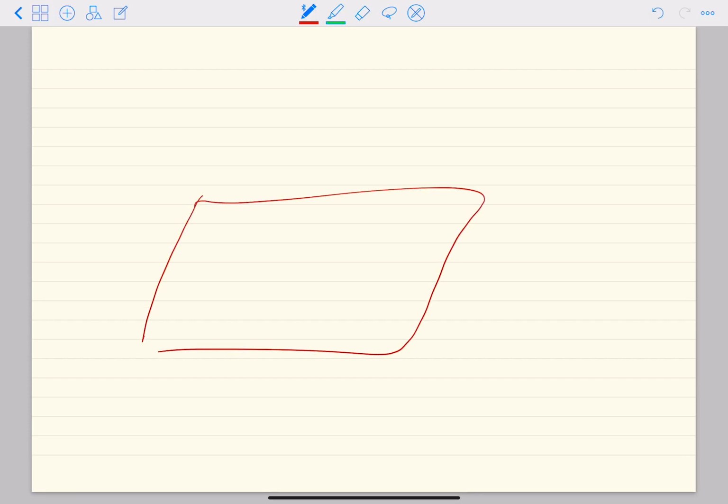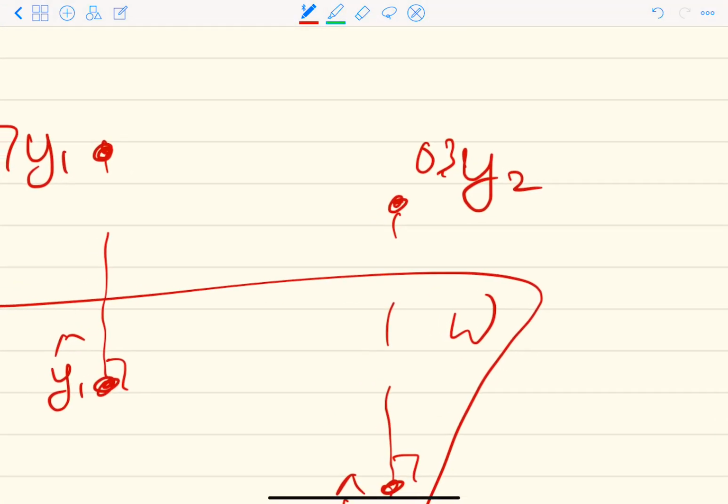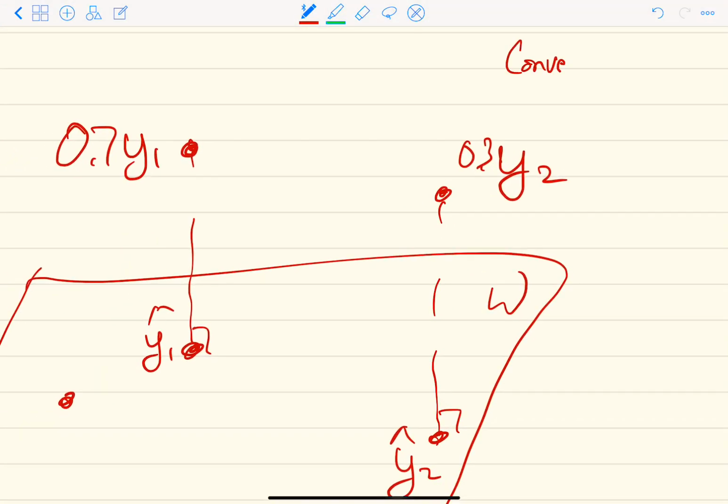So let's consider some subspace W, and some points y1 and y2. This is y1 hat, and this is y2 hat. Let's consider a linear combination of 0.7 and 0.3. This kind of linear combination is called a convex combination. It's completely off topic, so you don't need to make a note.